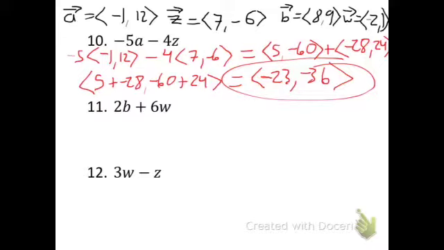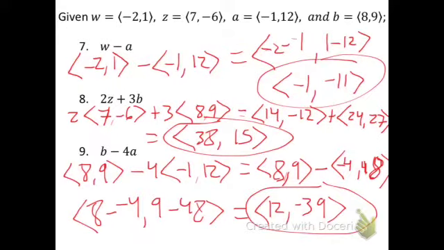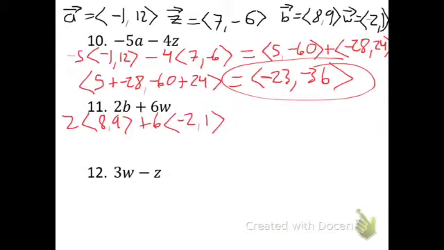Moving on to 11, we have to do 2 times b, which is 8, 9. And then add 6 times w, and w is negative 2, 1. Has it changed? Nope, negative 2, 1. And again, you can distribute these numbers out front, the scalar times the vector.